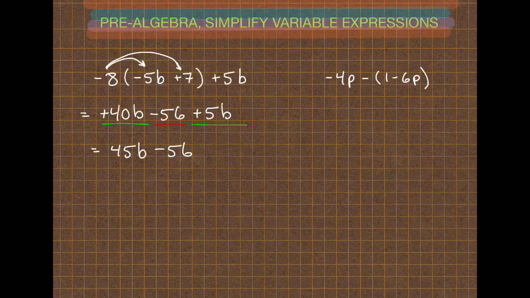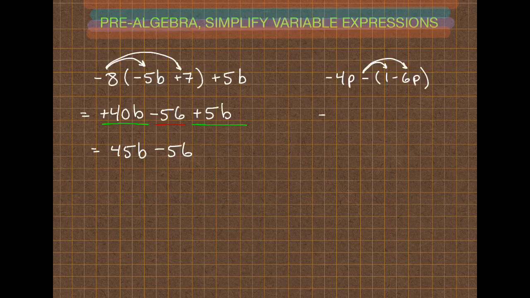Next one, same thing we're going to do. We're going to distribute this -1. Remember, if you don't see anything out in front of the parentheses, there's always a 1 there. There's always an invisible 1. So in this case, we're going to have a -1. So we distribute that -1 inside the parentheses.